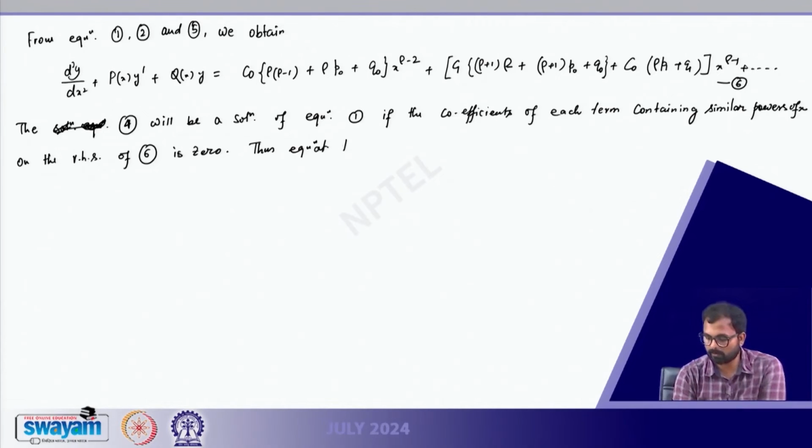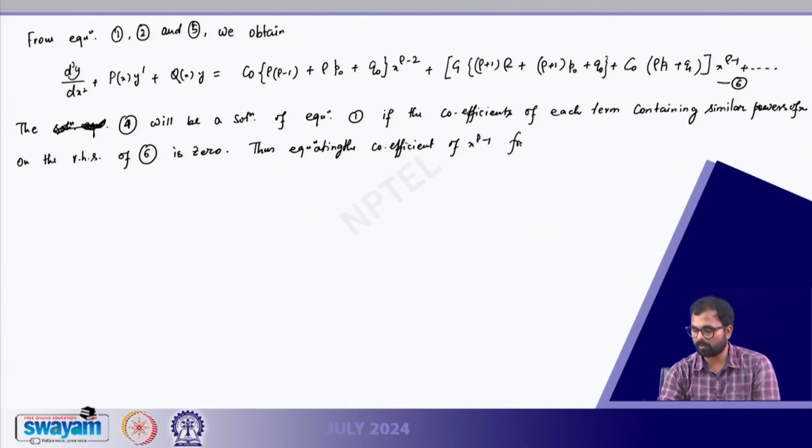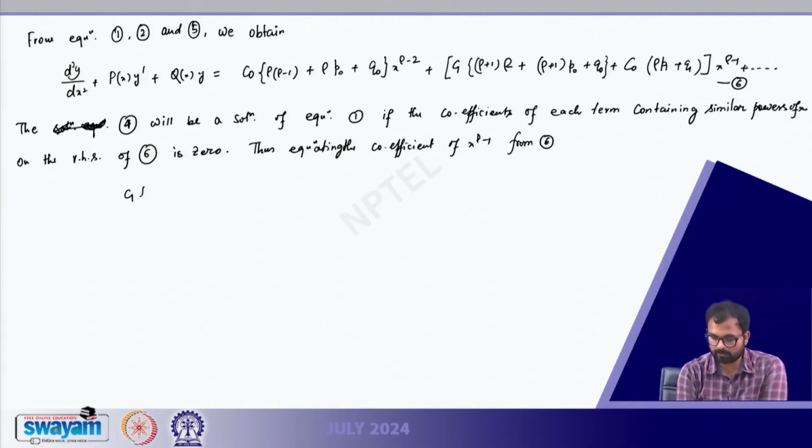what do we get? We will get C1 into rho plus 1 into rho, plus rho plus 1 into P0 plus Q0, plus C0 rho P1 plus Q1 equals 0.